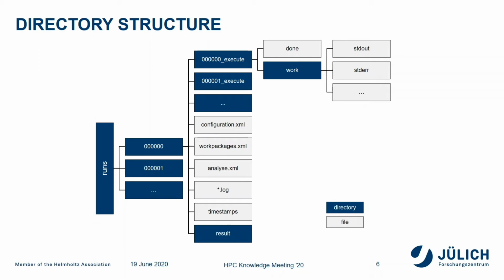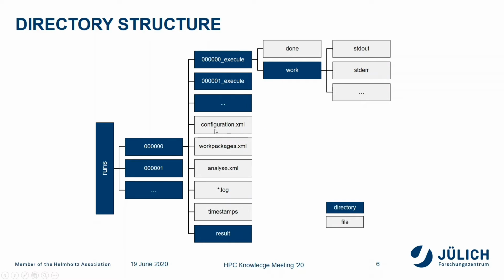One first key aspect of JUBE is everything which you do within JUBE takes place within some kind of sandbox directory. So each run will create its unique ID and its unique directory structure. And within each run directory, you will find a structure which looks like this. So you have certain directories for each step. You have some generic configuration and information files.